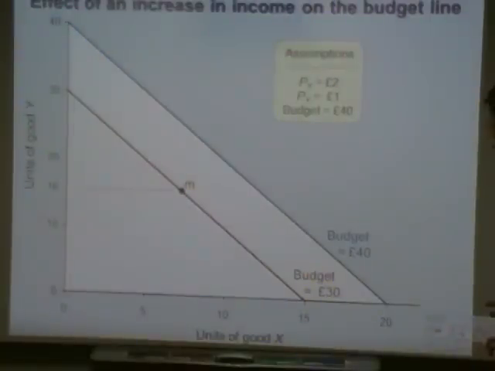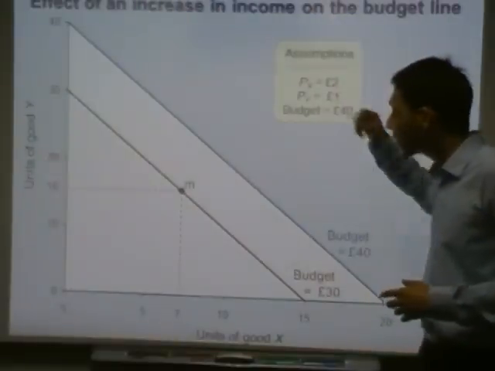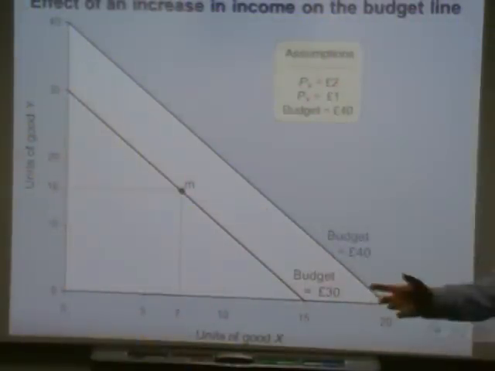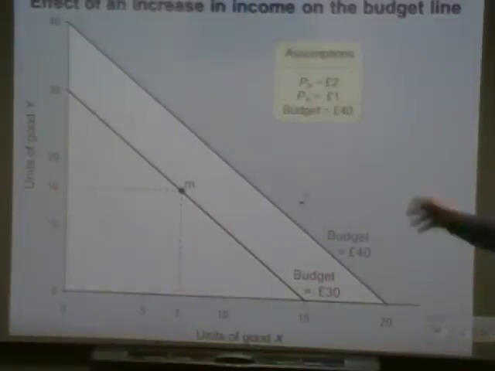So at M you will buy 16 of Y, whereas 7 of X. 7 of X multiplied by 2, you will have 14 pounds being spent on X and 16 pounds on Y. So that's 30.